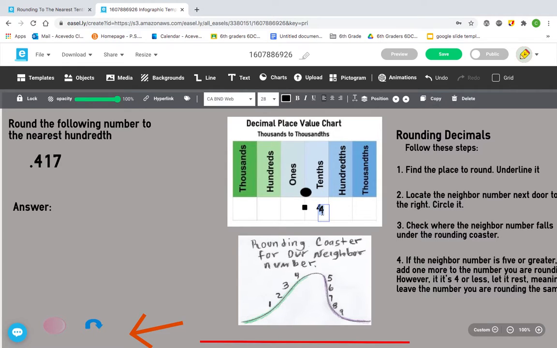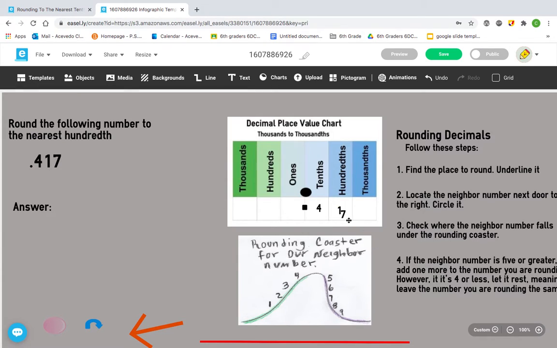So that means the 1 will fall under the hundredths place value. And then my 7, which will fall under my thousandths place value.